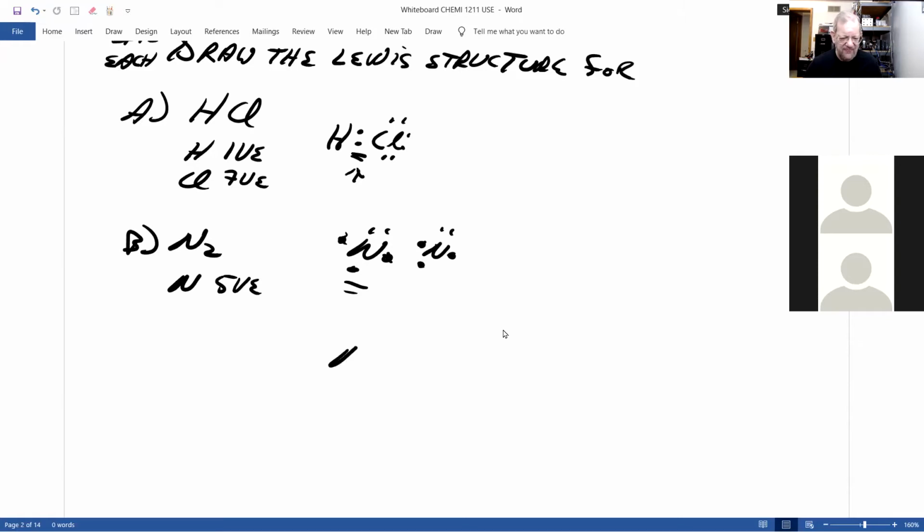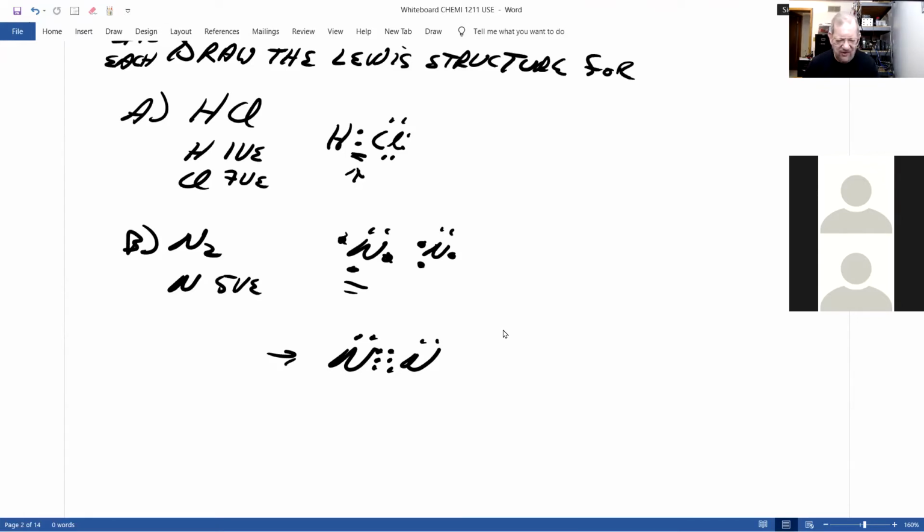Let's share. And unlike an element in a molecule, you can have more than 2 dots on a side. And this would be the structure, or the Lewis structure for nitrogen gas, which is what you're inhaling now, along with the oxygen in the air.